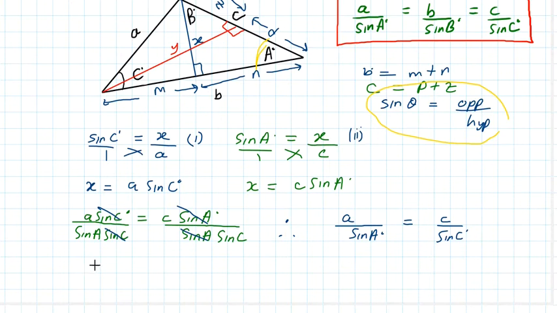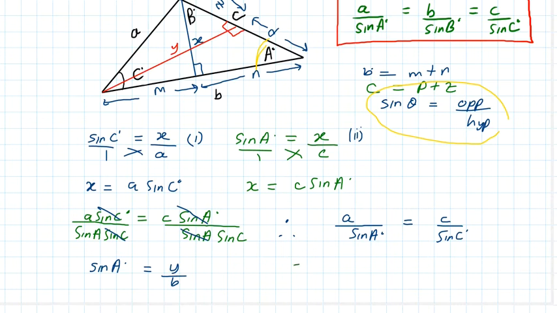So we can say sine A is opposite over hypotenuse, and the opposite is directly opposite the angle, which is y, over the hypotenuse, which is b. And we do the same with B, because it corresponds to this new height we just introduced.